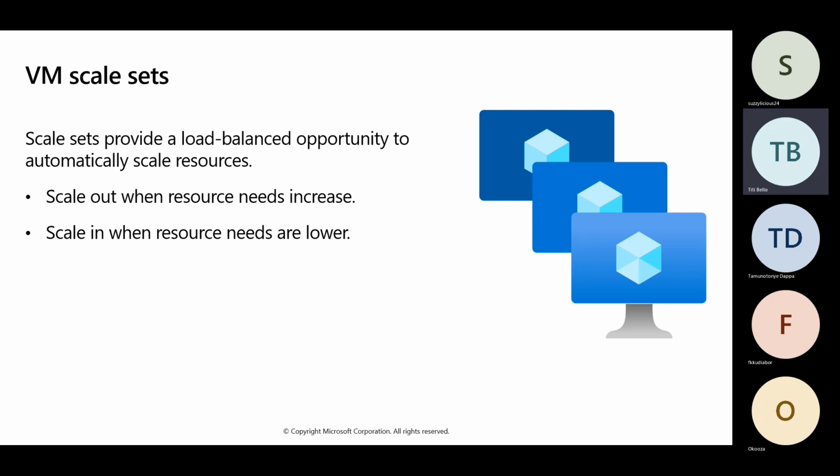So the number of virtual machine instances can automatically increase or decrease in response to demand, or a defined schedule. So if I have a commerce site and a single virtual machine that hosts it, I know that during the Easter period I will have a lot of requests.